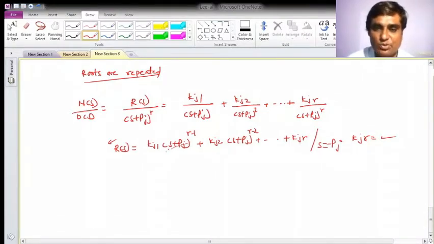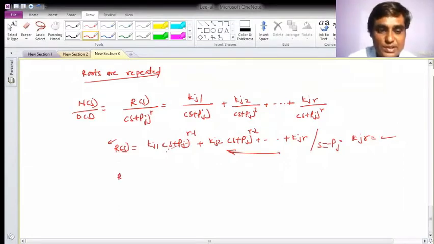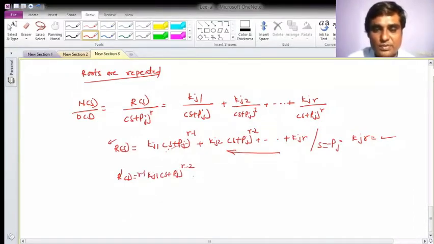Now what next? I have to compute kj2, kj1 like this. In order to compute that, I don't want this (s + pj) term. So what can be done to remove this (s + pj)? I will take the differentiation. If I differentiate it one time, R'(s) will be kj1 (s + pj)^(r-2) times (r-1), and so on.